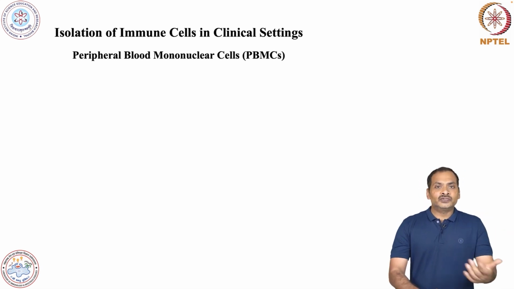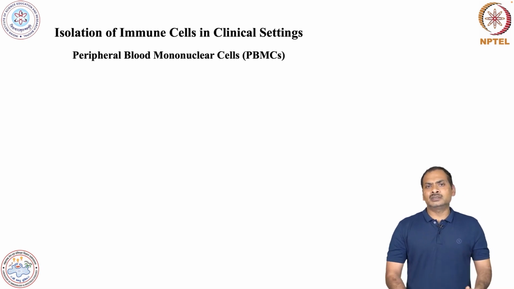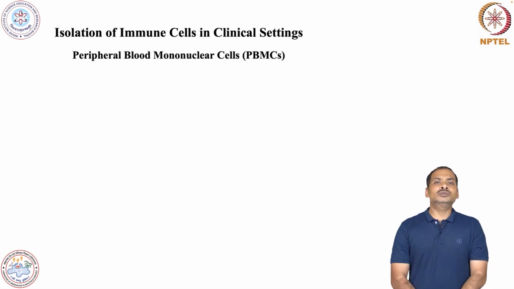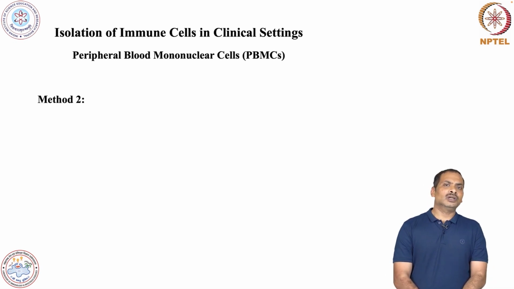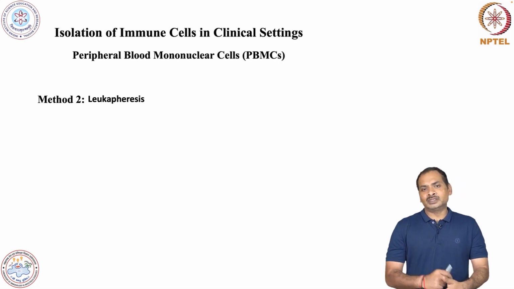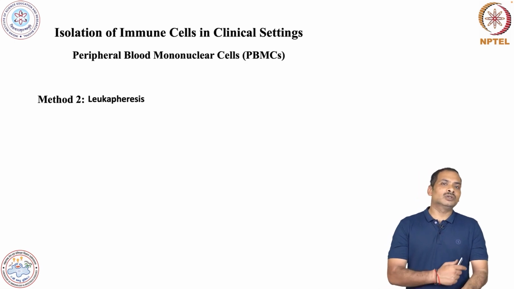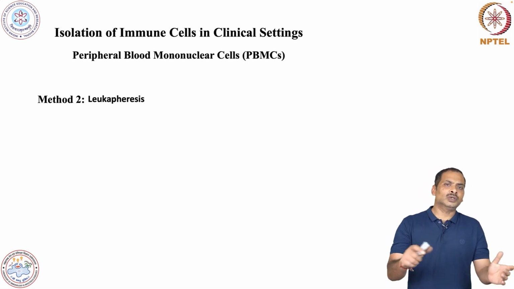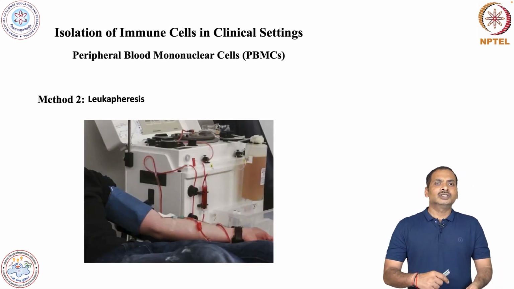If you need these RBCs immediately, we perform a method called leukapheresis. This is in real time. The blood goes to one piece of equipment, this is the image you can see.